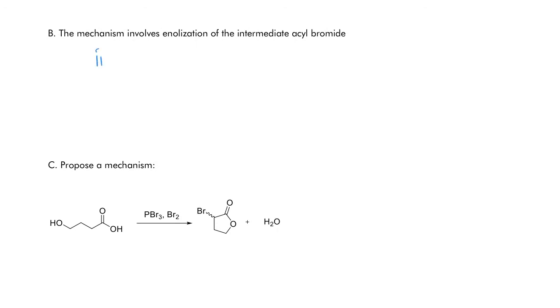The mechanism involves enolization of that acyl bromide. So the acyl bromide, I'll draw that for you here, just has a bromine where the hydroxide is. Now, it's this acyl bromide in the presence of HBr, which is generated during that phosphorus tribromide reaction, that causes the enolization.